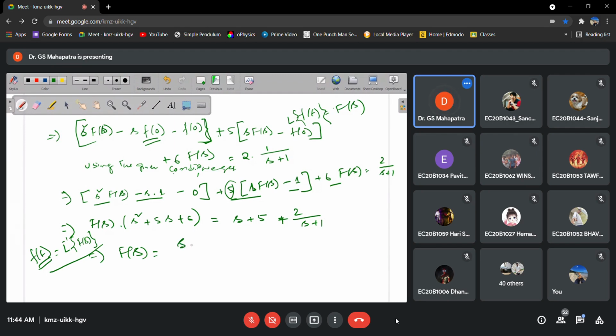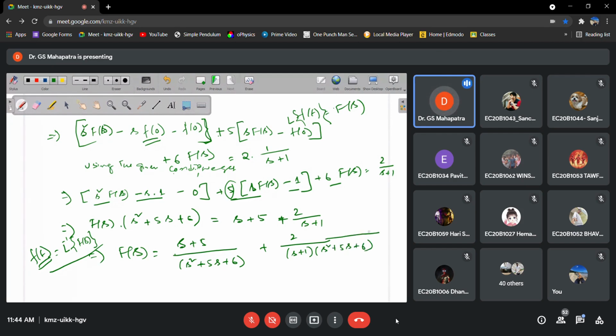So s plus 5 by, is it 5 or something else? Correct only, na? Correct. Okay. So s square plus 5s plus 6 plus 2 into s plus 1 into s square plus 5s plus 6.